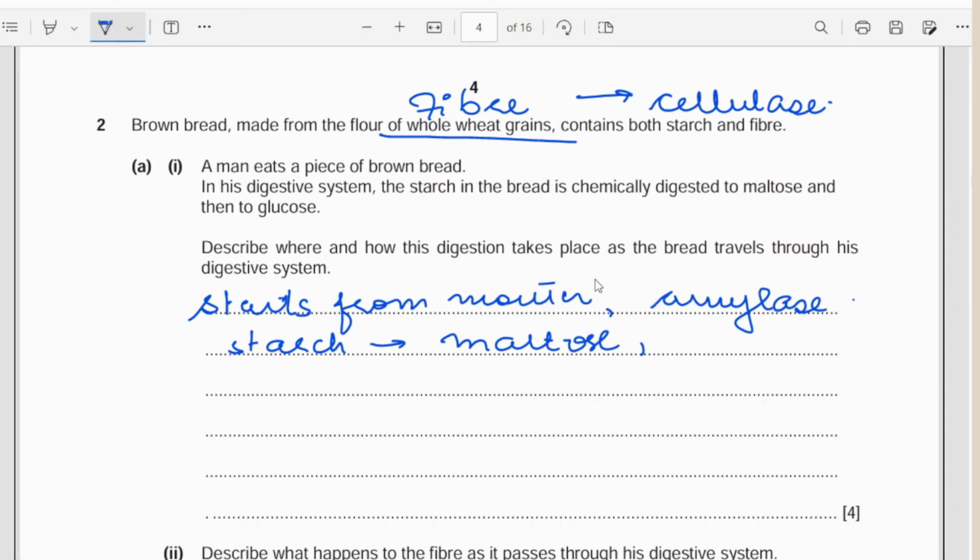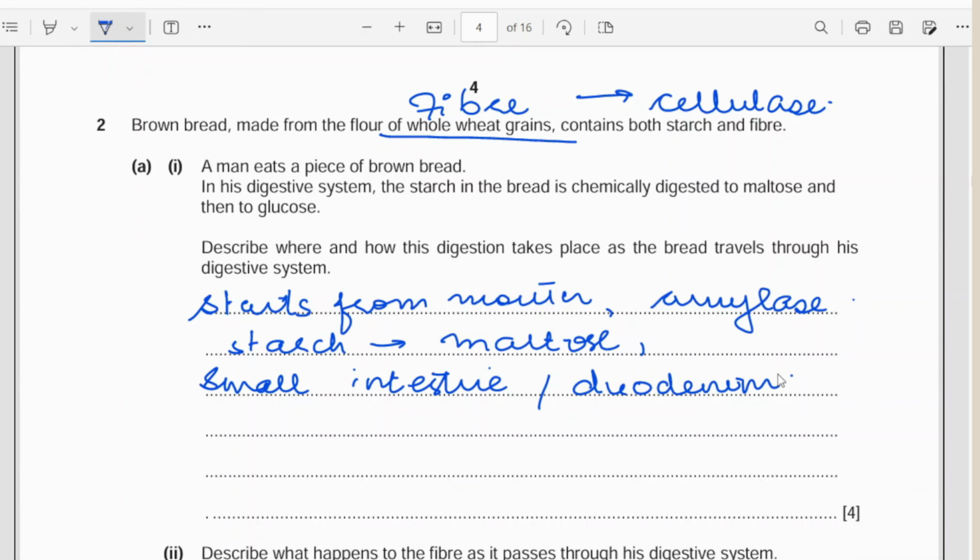Then the small intestine. Yes, the first part is the duodenum.